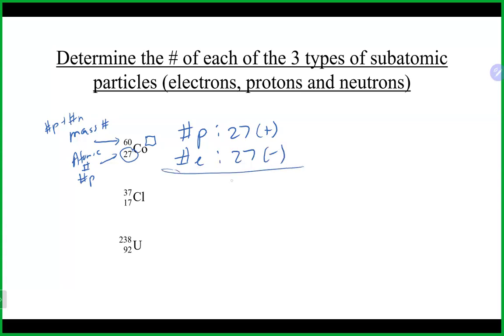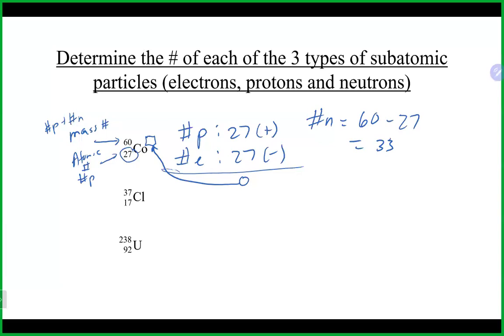Once again, 27 positives and 27 negatives is going to give you no charge, which is what we see over here in terms of our overall charge. Our number of neutrons is going to be our mass number in this case, which is 60, minus our atomic number, which is 27, and that looks like 33 in this case.